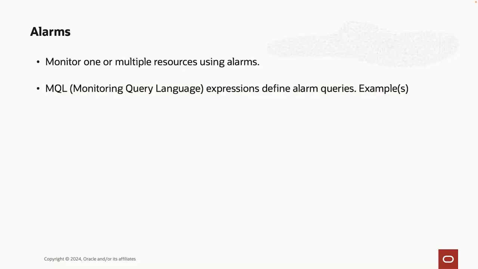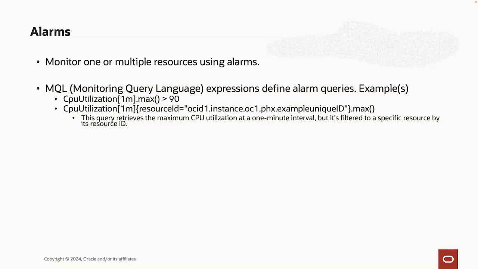What I mean by that is, let's say you have a simple query. What I'm checking for is CPU utilization. Whenever the max CPU utilization within a 1 minute span is greater than 90 percent, I want to be informed about it. This is a simple query.